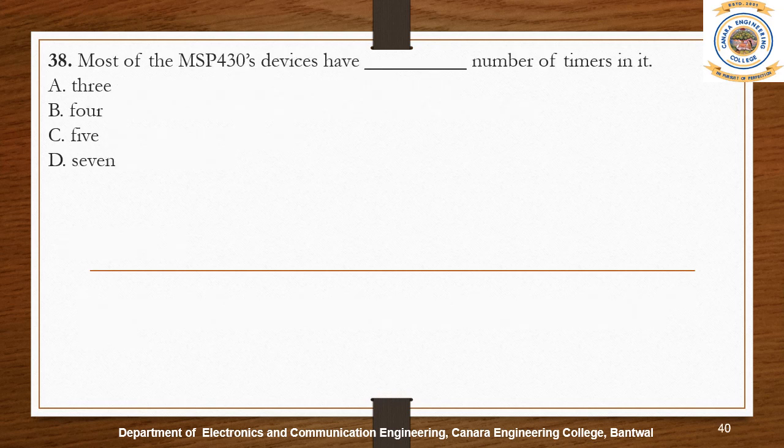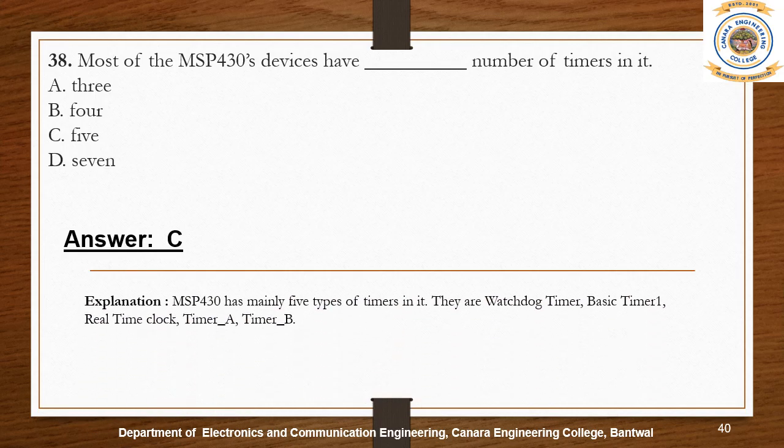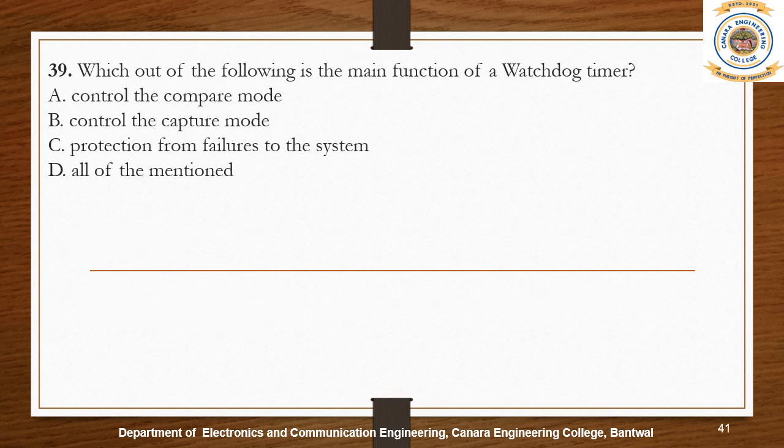The MSP430 supports various types of timers such as the watchdog timer, basic timer, real-time clock, timer A and timer B. So in total we have 5 different types of timers. Watchdog timers are mainly used to escape from a particular situation.